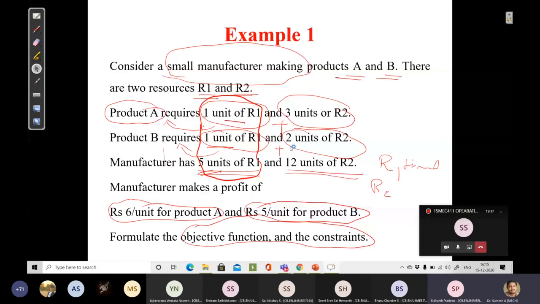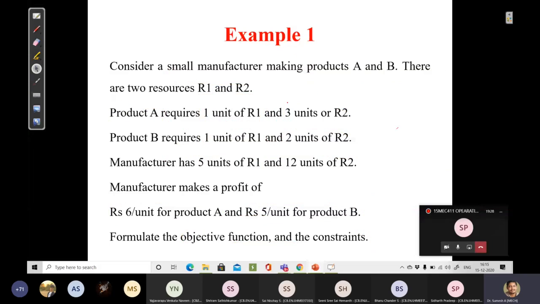In the same way, you can say 3x1 plus 2x2 is less than or equal to 12. Product A we have taken as x1, product B we have taken as x2. This is how I am formulating the constraints.